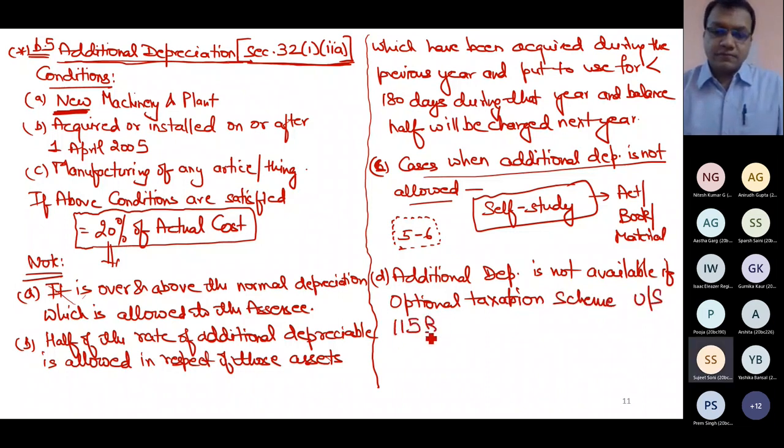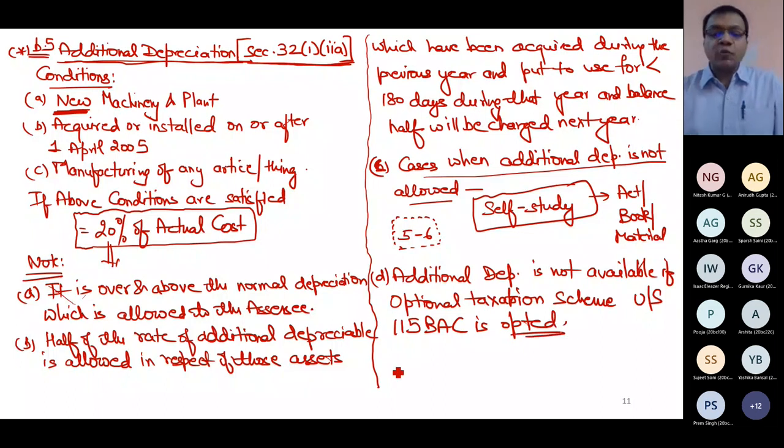Section 115BAC. If the assessee is interested in opting to pay tax under the optional taxation scheme under section 115BAC, that assessee should forget about additional depreciation. That's it.